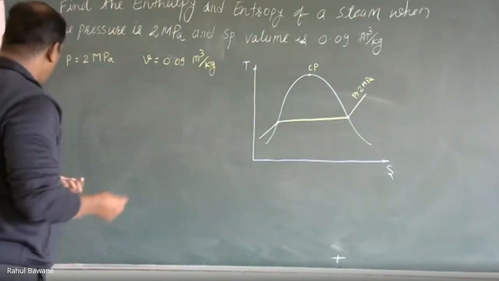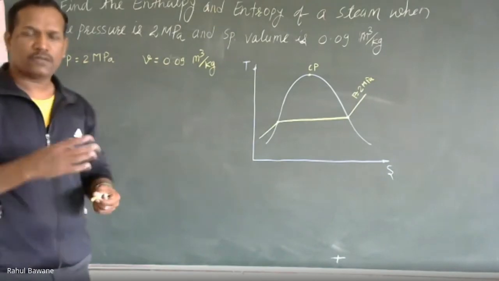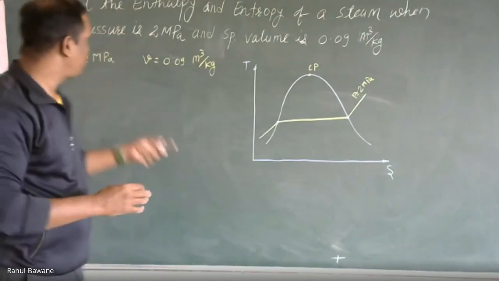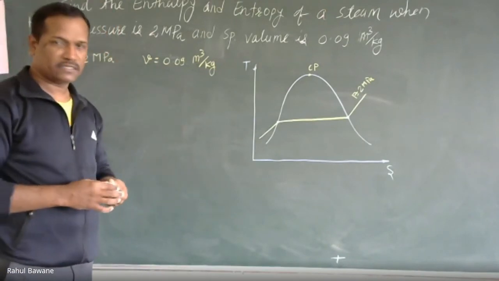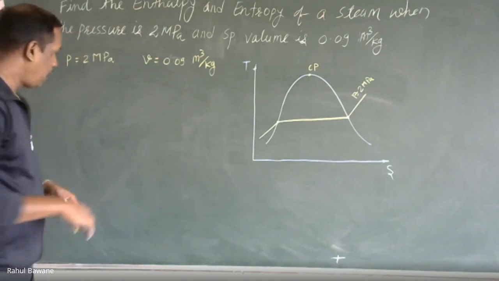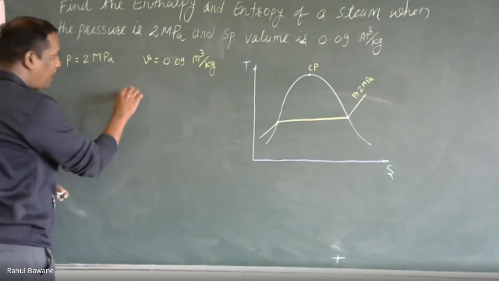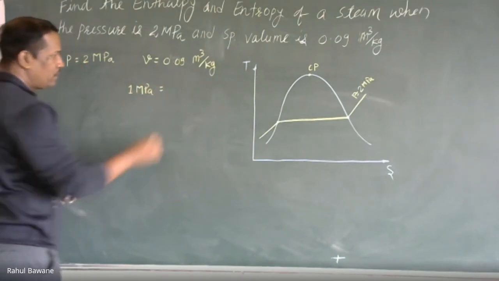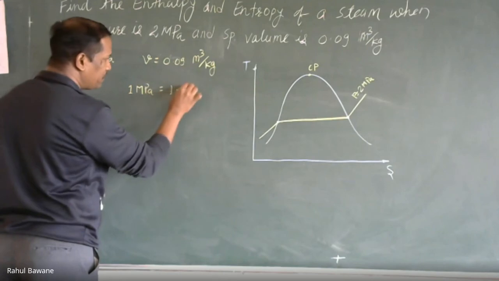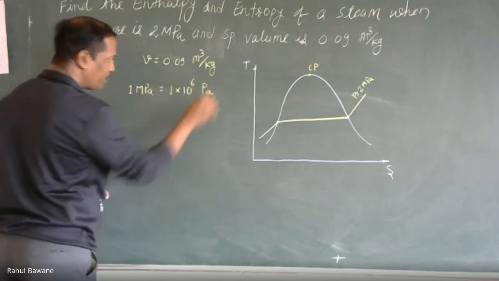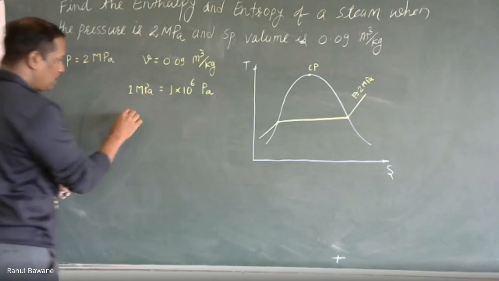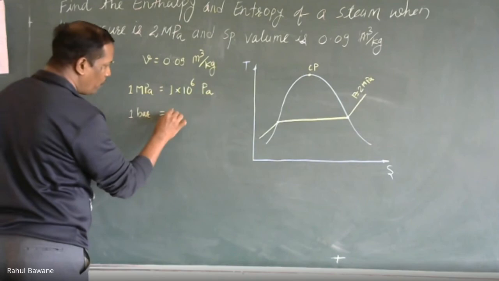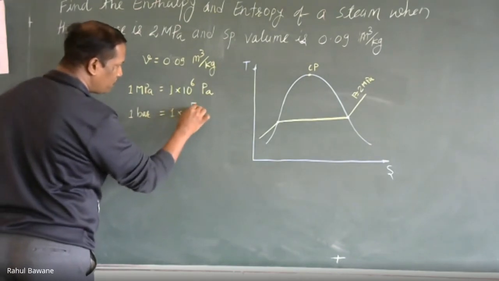Now, in most steam tables, the pressures are given in bar. But if your data is given in megapascal or kilopascal, we have to convert into bar. How to convert it? 1 megapascal is equal to 1 multiplied by 10 raised to power 6 pascal, and 1 bar is equal to 1 into 10 raised to power 5 pascal.